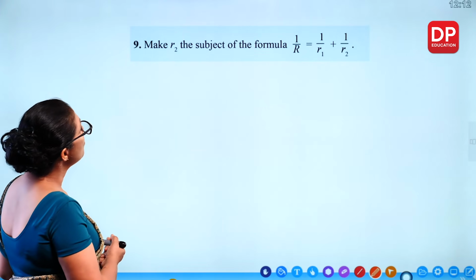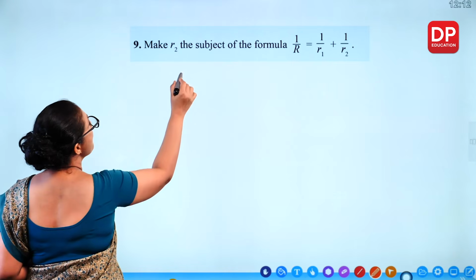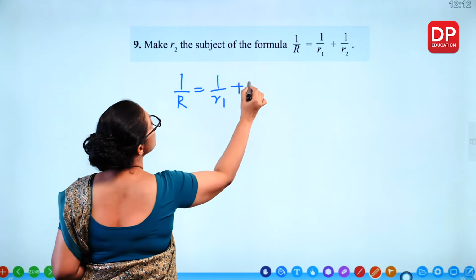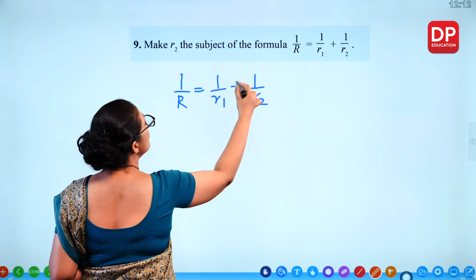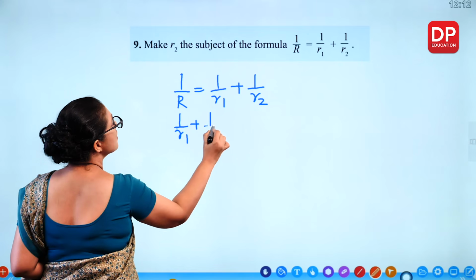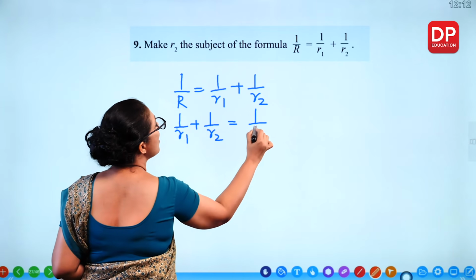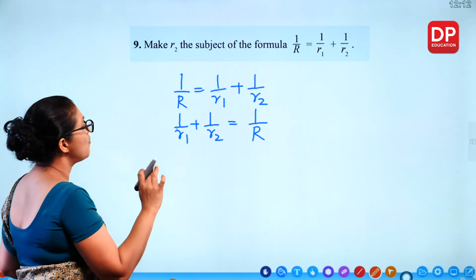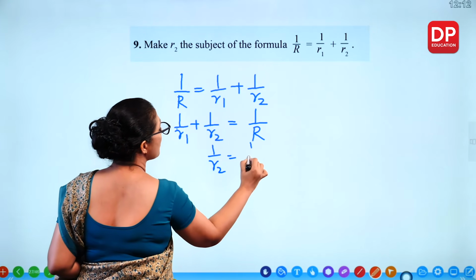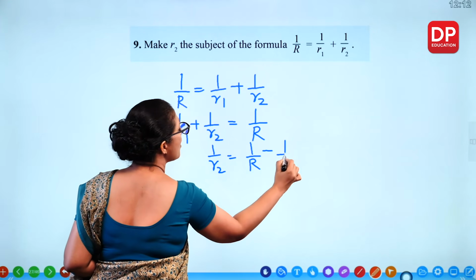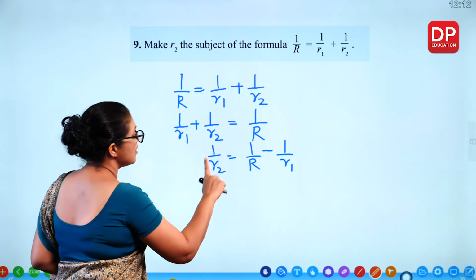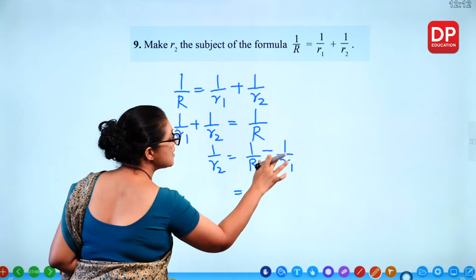Make R2 the subject of the formula. 1 over R equals 1 over R1 plus 1 over R2. I want this side, so I can rewrite this one as 1 over R. Keep 1 over R2 on one side, so what do you get? 1 over R minus 1 over R1. Now you can take the reciprocal, but before that we'll simplify this one.